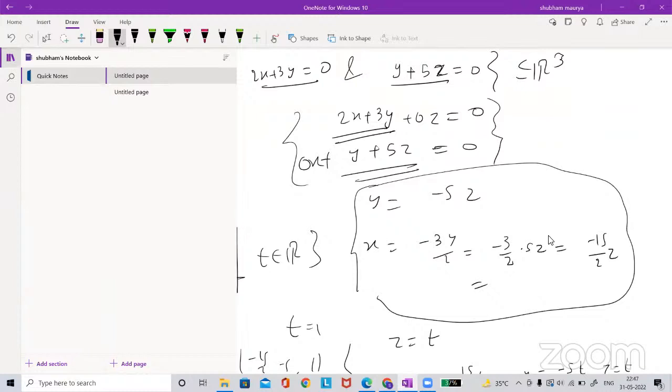Sir, one doubt. Sir, Gauss elimination, there is a problem. 2, 3, 0 and 0, 1, 5. We can reduce it into RRE, and the column which has a leading entry is the basis of this vector space, and the number of leading entry columns is the dimension of this vector space.